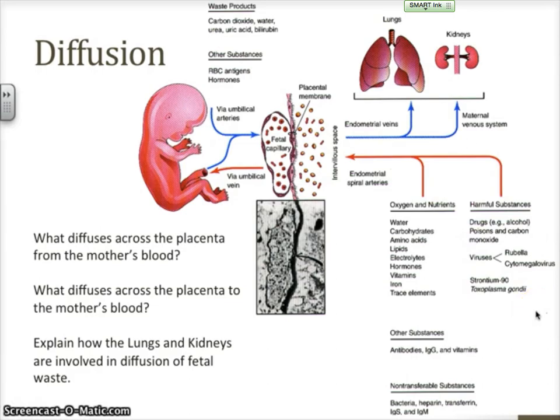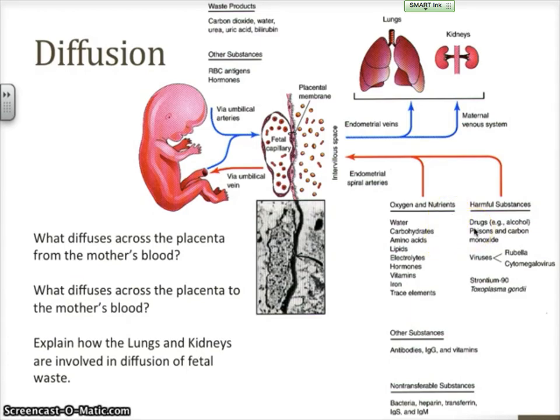Things like drugs or poisons, viruses that could make the baby sick. Other substances going in, antibodies and vitamins, and other non-transferable substances. For the most part, you should at least know that oxygen and nutrients, as well as antibodies and any kind of drugs or alcohol could go into the baby here.